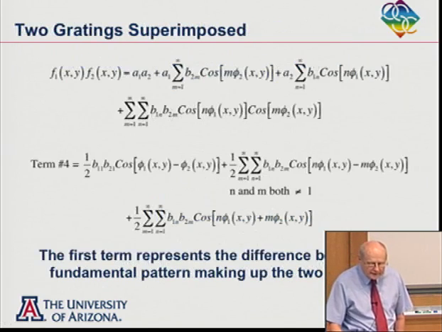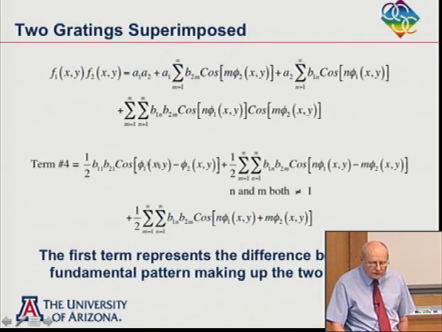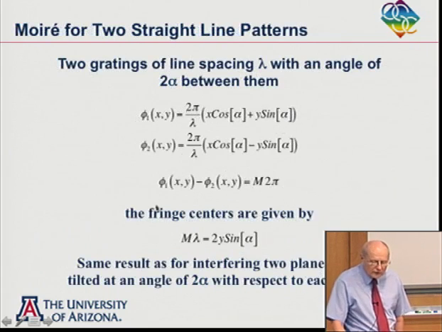And then I go back here, so what I'm seeing is the cosine of the difference between these two. And so that's going to be a maxima when that difference is some integer times 2 pi. So I just subtract these two and set it equal to m times 2 pi. And it tells me that these fringe centers are given by m lambda is 2y sine alpha.